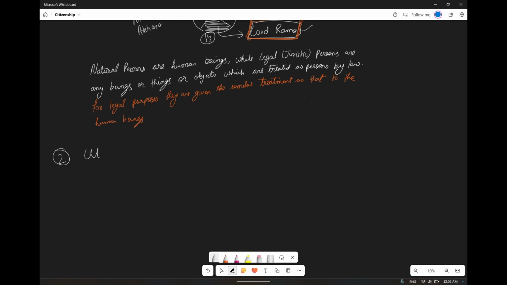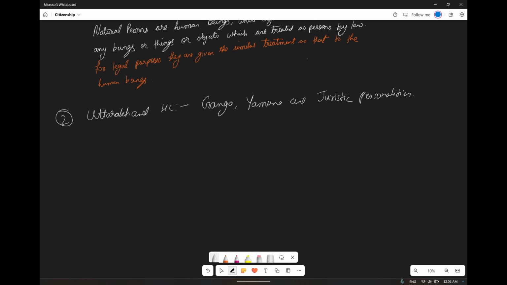In the Uttarakhand High Court, it said that Ganga and Yamuna are juristic personalities. Later the Supreme Court stayed the verdict of the Uttarakhand High Court. That was a separate story, but I just want to clear what exactly we understand by juristic personality.